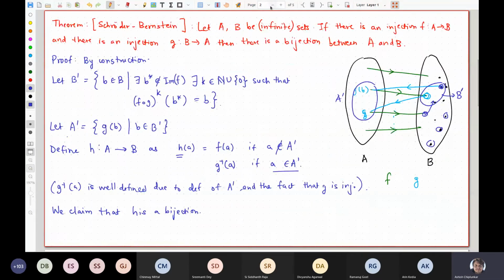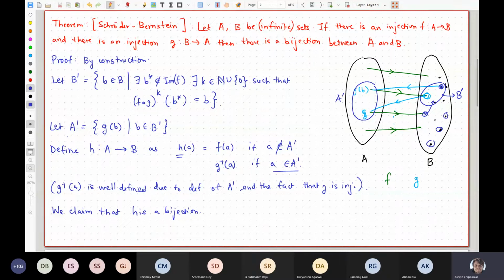This was a long proof, so let us quickly go through it once again. How did we write this proof? We first said, why is F not a bijection? F is not a bijection because there could be several elements of B which don't have a pre-image under F. So how do we fix those? We said, let's try to tweak F into a bijection.